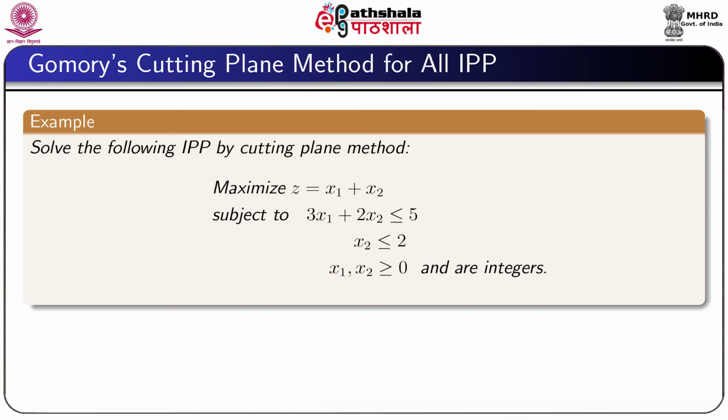Consider the following IPP: maximize z equal to x1 plus x2 subject to 3x1 plus 2x2 less than or equal to 5, x2 less than or equal to 2, x1, x2 greater than or equal to 0 and are integers. So, this problem is an all integer programming problem.